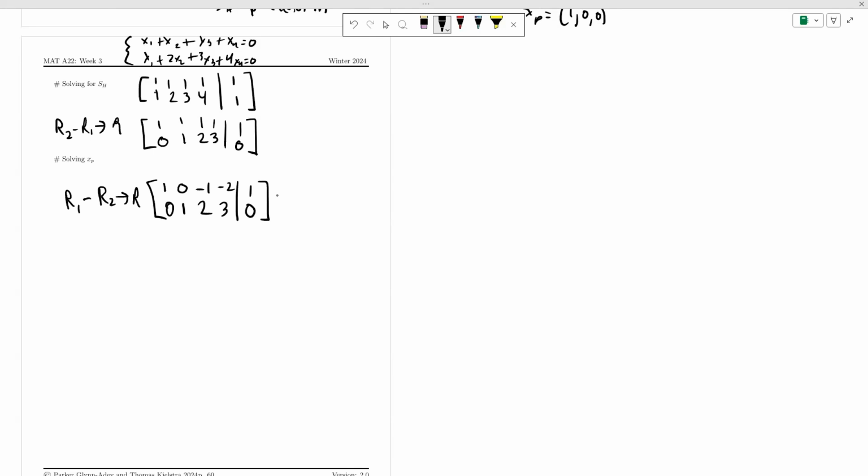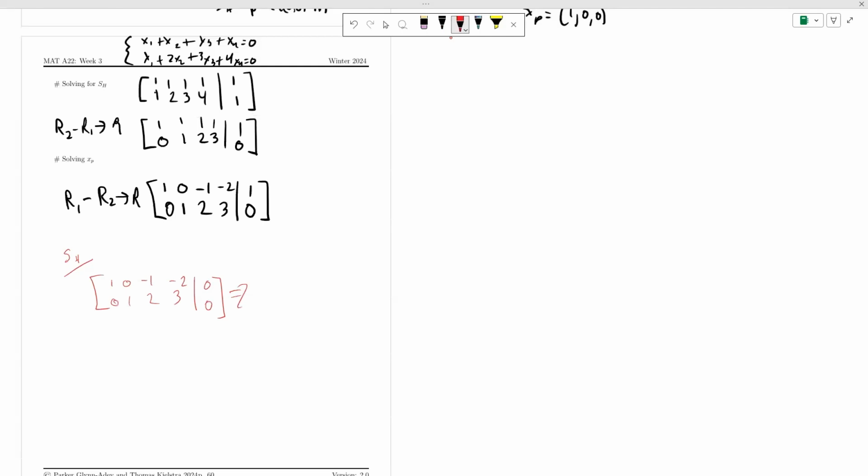And now from here, we have our solving for SH. For solving for SH, we go to the augmented version of our homogeneous solution. Same augmented matrix in echelon form, but we replace it with the 0 solution.